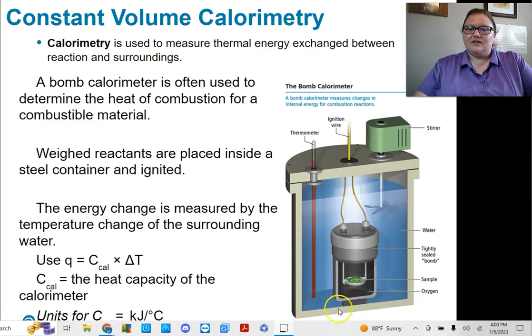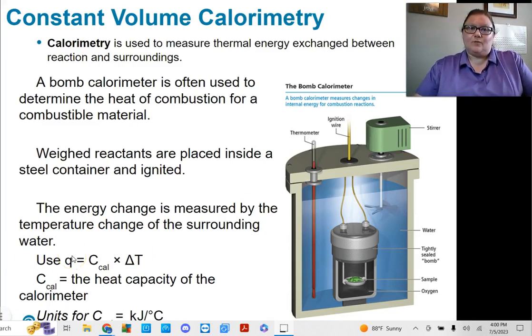So it's, in a sense, an indirect measurement of the heat exchange. The heat that's being produced from the reaction that we're studying inside the calorimeter is being measured by observing whatever happens to the temperature of the water. So here we see the equation is Q equals C delta T.